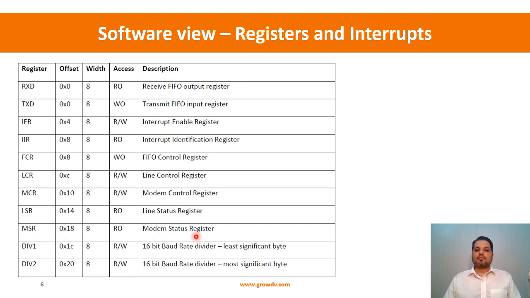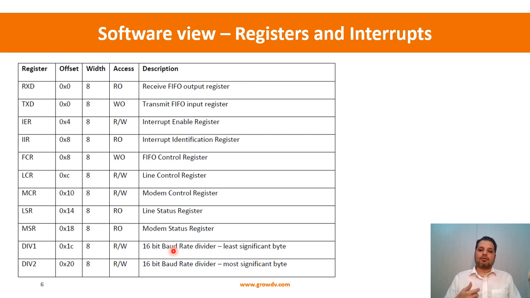And then we have a modem status register, which tells about the changes in the modem interface. And then we have div1 and div2 together. One forms the lower byte, the other forms the most significant byte, the upper byte. Together they form the 16-bit baud rate divider value.